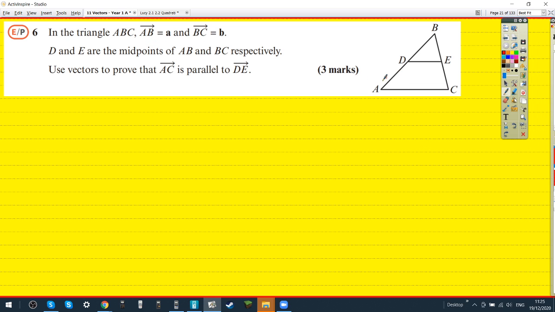A to B is A. B to C is B. Okay. And D and E are the midpoints, so we know that.